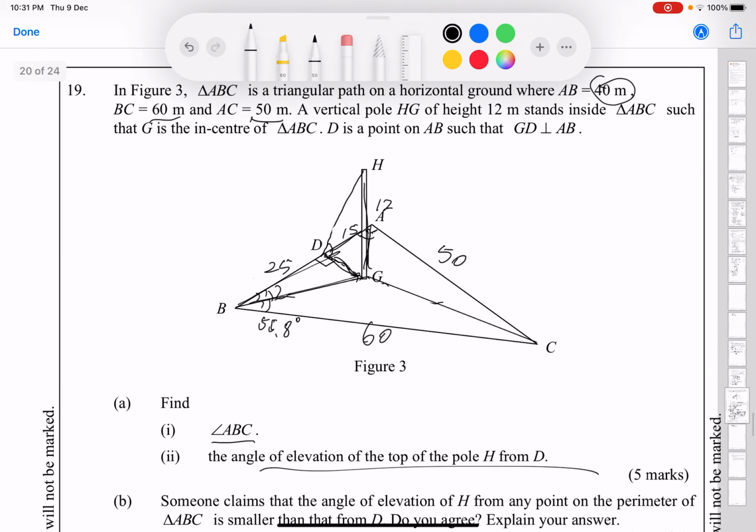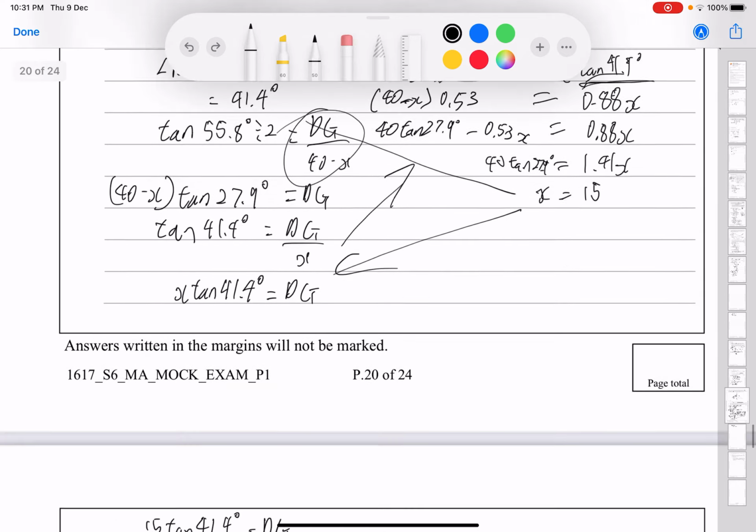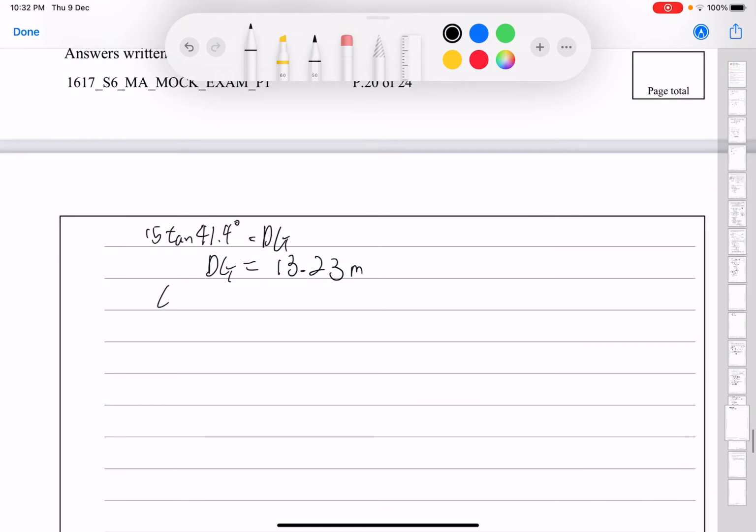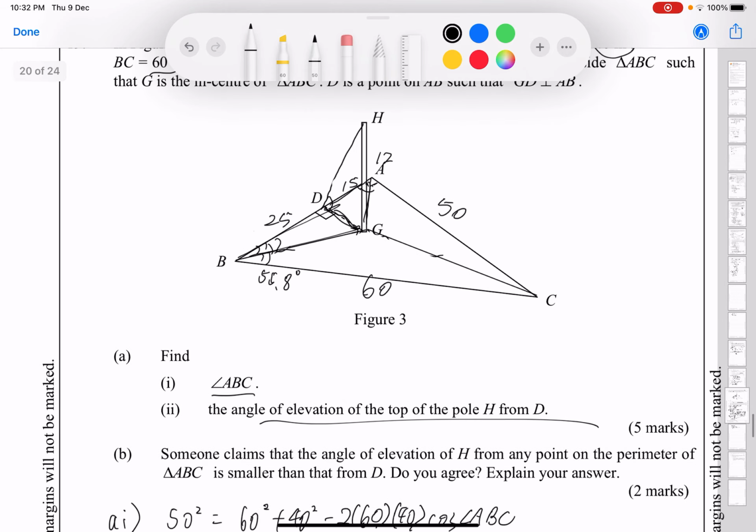As we got this right here, it's very easy to find the angle of elevation. So let the angle of elevation be theta. Tangent theta will be equals to HG over DG.